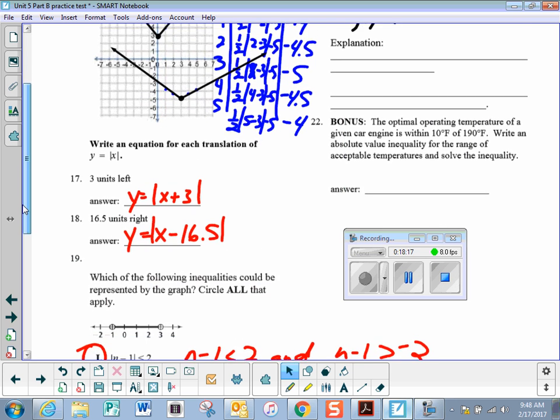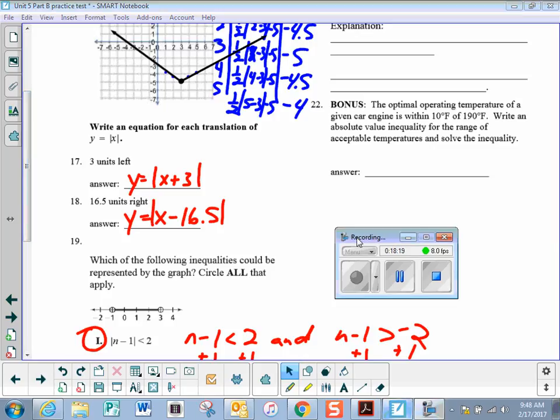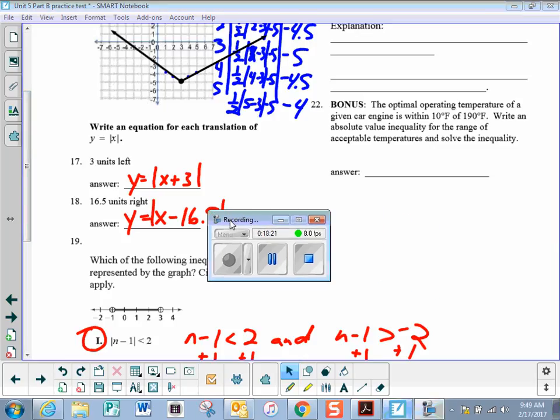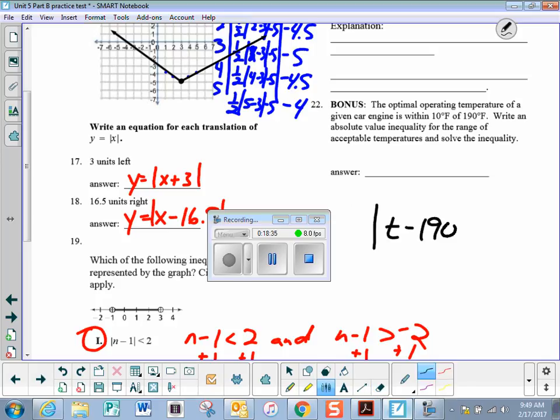All right, the bonus. If we want the optimal operating temperature to be within 10 degrees of 190, we need the absolute value of the ideal temperature minus 190 to be less than or equal to 10 units away from 190. We did a few word problems like that in class.